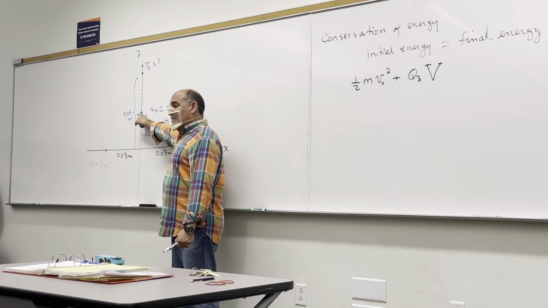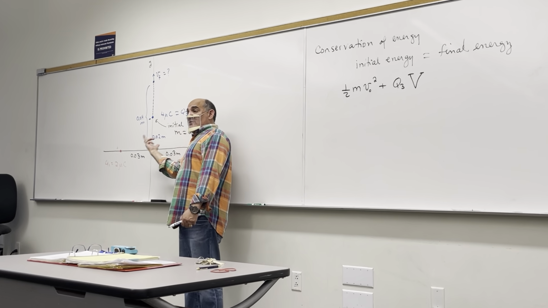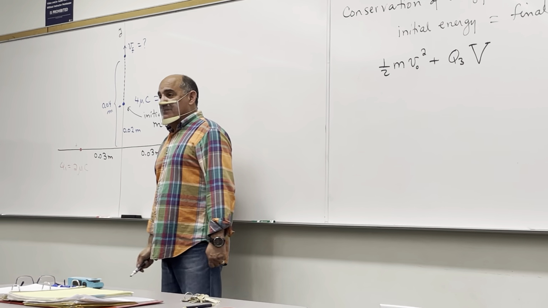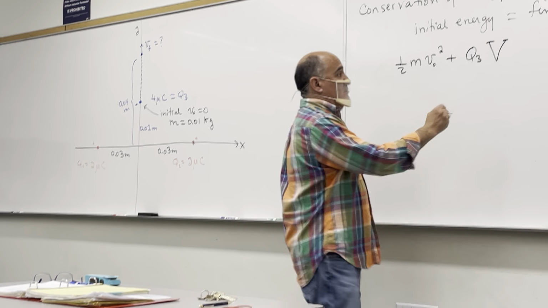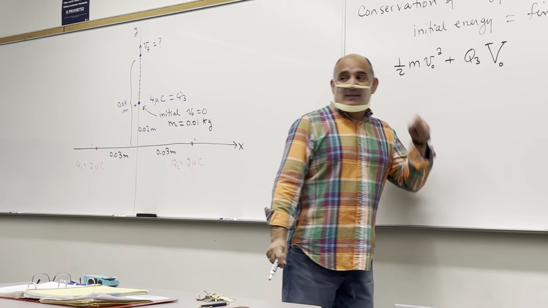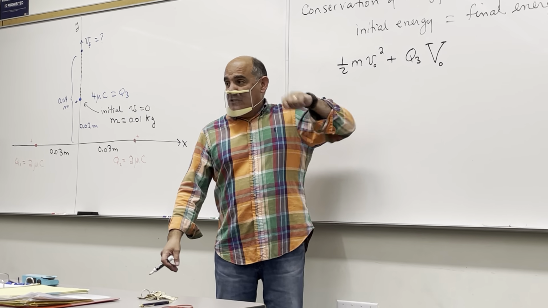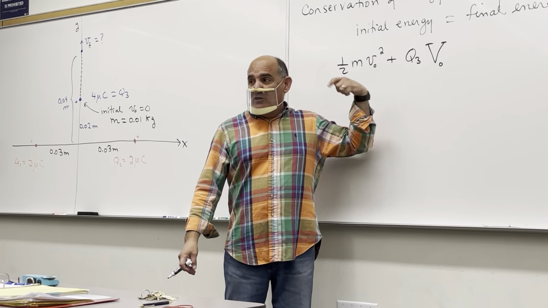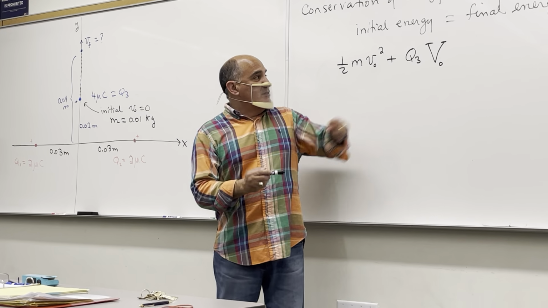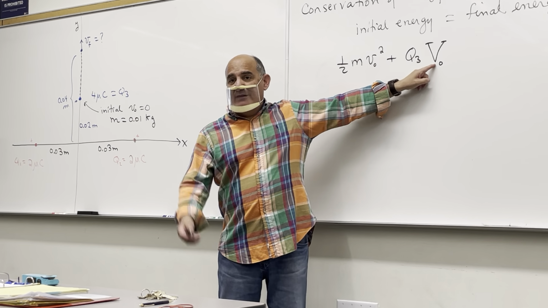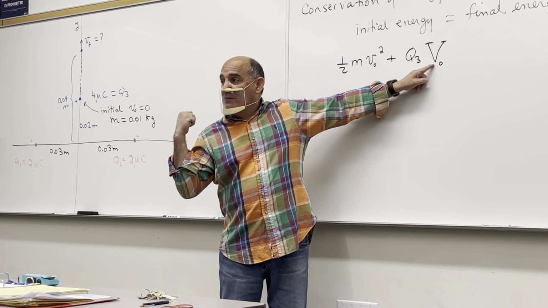So the potential at that point is created by the other two charges. I'll just call it V initial. That's the electrical potential, not potential energy. When I multiply by the charge, then it is the potential energy. This is the electric potential generated at the initial position of Q3 by the other two charges.